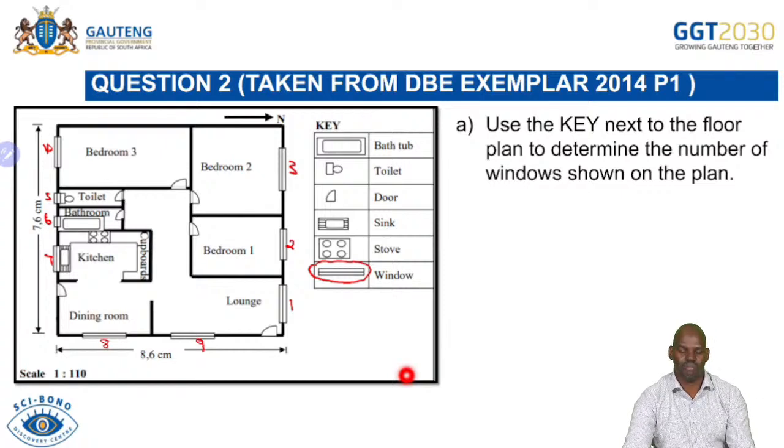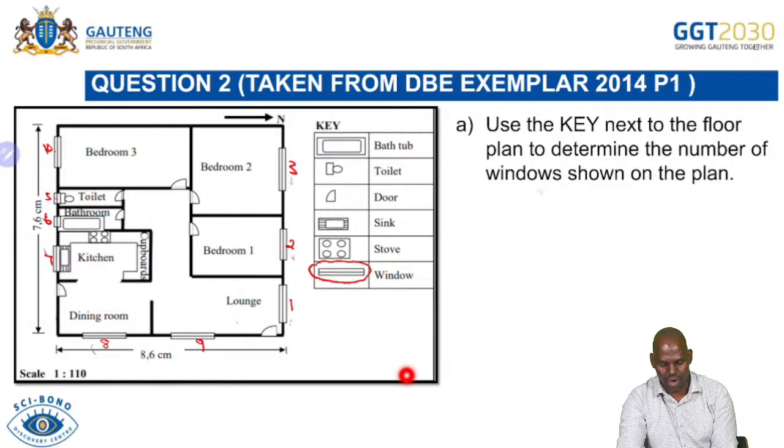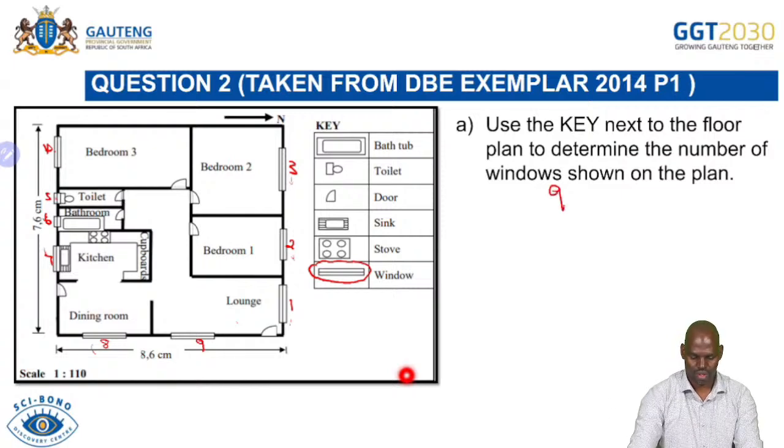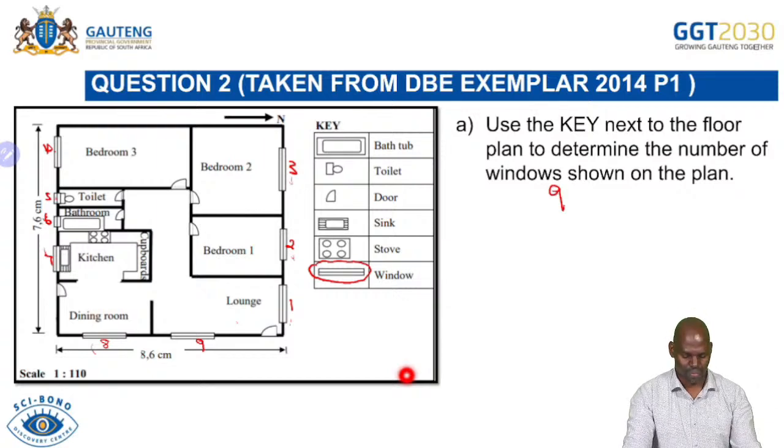Let's check if I didn't miss any. From this one, it's 1, 2, 3. There's no window on that side. Then it's 4, 5 in the toilet, 6 in the bathroom, 7 in the kitchen, 8 in the dining room, and 9 in the lounge. So in this case, the number of windows is 9. We just had to look at the symbol, and then from there we count.